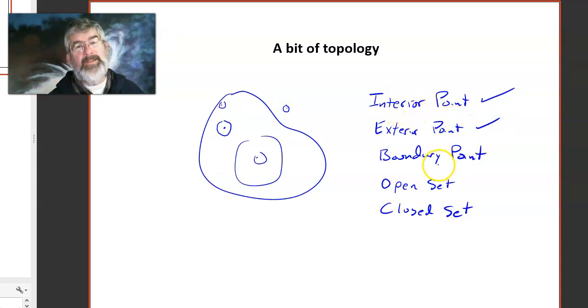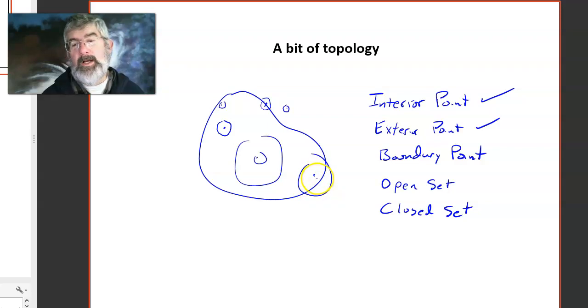A boundary point is then one that's not interior or exterior. So the boundary point would be a point where every disk that contains that point contains both points in the set and out of the set. You can say, well, I look at a point here and say, oh, look at that disk contains stuff inside and outside. Does that make that a boundary point?